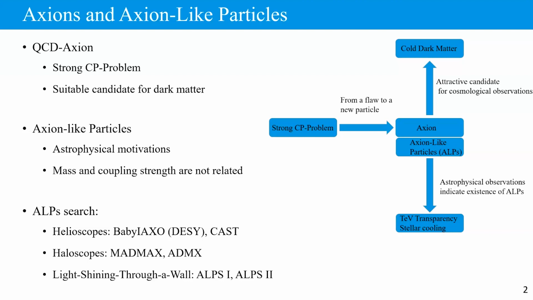This means that we generate and detect the axions or axion-like particles in the lab, which gives us flexibility in the way we design our axion source. In the further course of the talk, I will use axion as a synonym for axion-like particles, so I will not distinguish between those two particles.